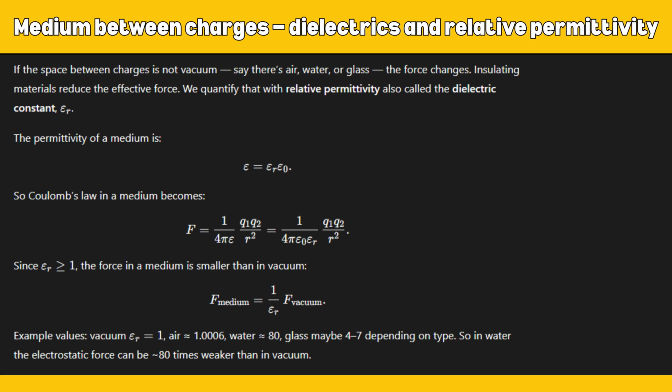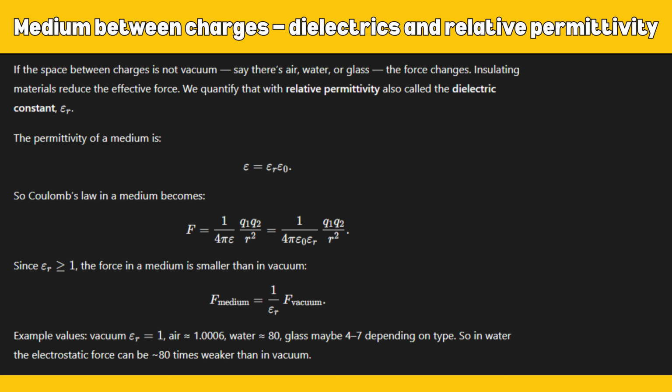This happens because of something called relative permittivity, or dielectric constant, written as epsilon r. In a medium, the permittivity is epsilon equals epsilon r multiplied by epsilon 0. So Coulomb's law in a medium is F equals 1 divided by 4 pi epsilon 0 epsilon r, multiplied by Q1 times Q2, divided by R squared.